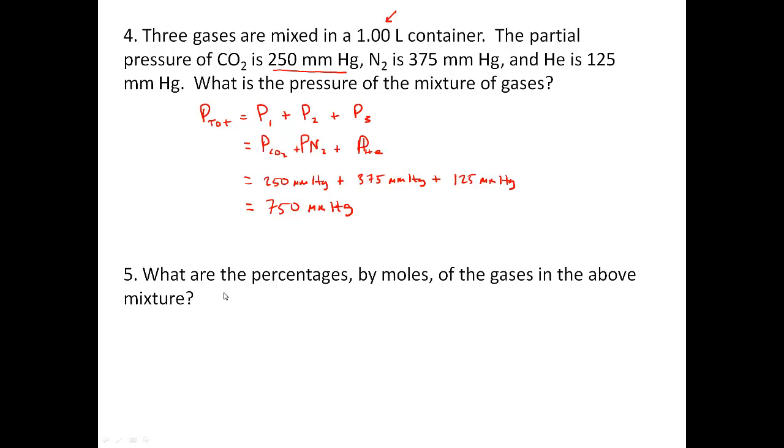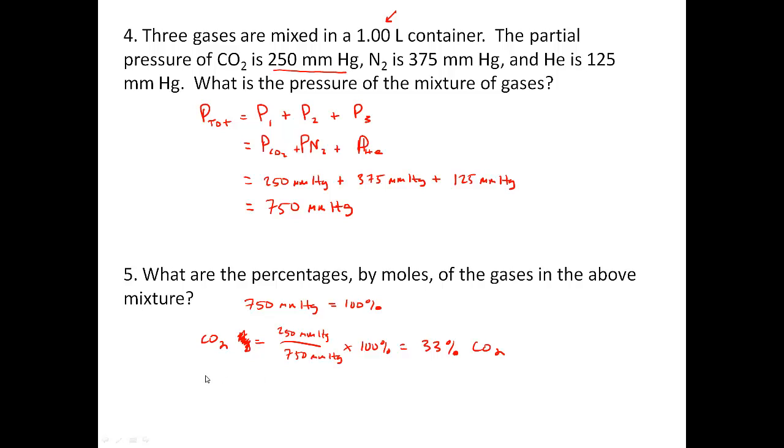So if 750 is equal to 100% of all the gas in the container, for CO2, it is 250 millimeters of mercury over 750 millimeters of mercury, and we multiply that by 100%, we're going to get 33% of the gas in the container is CO2.